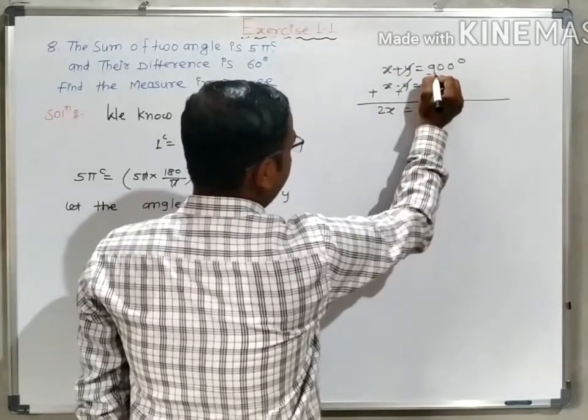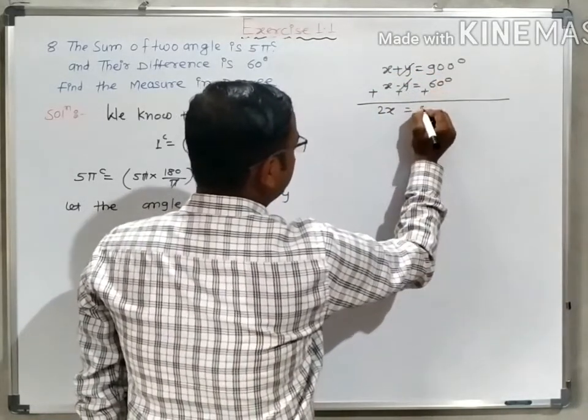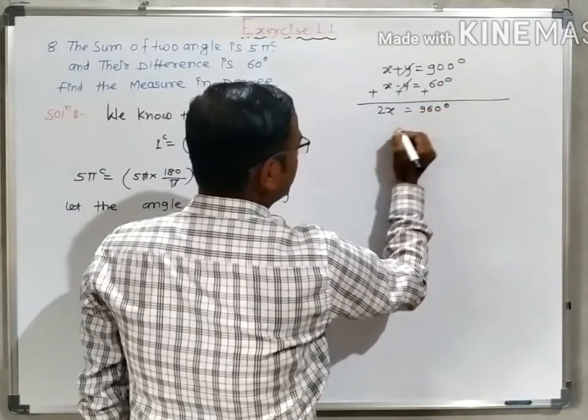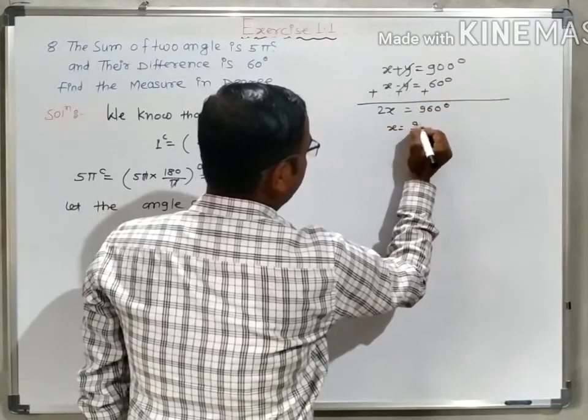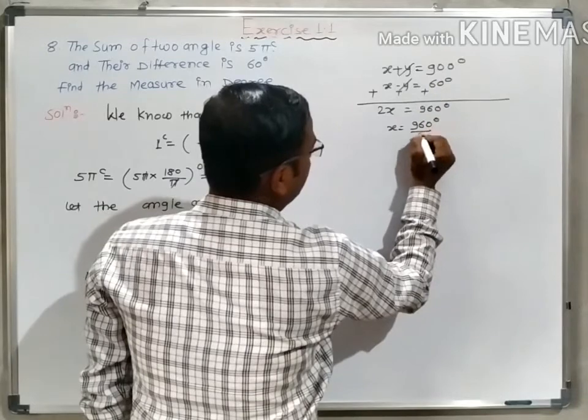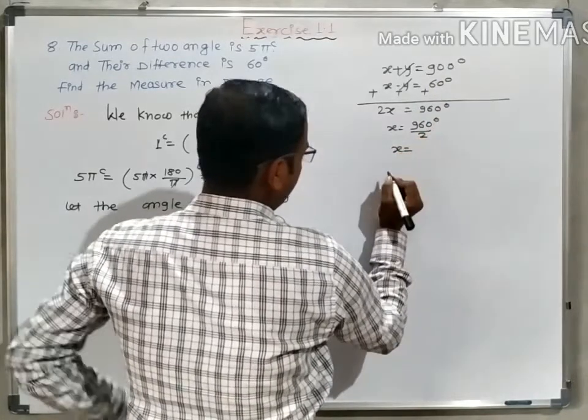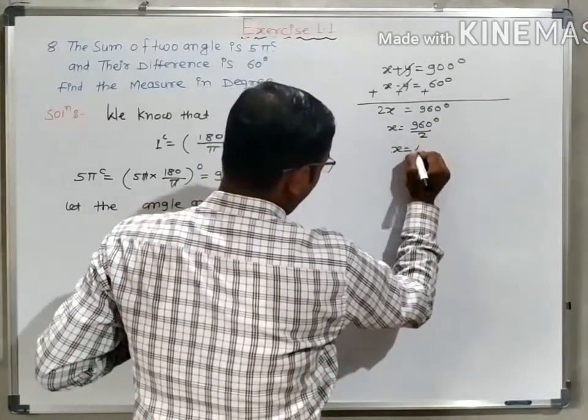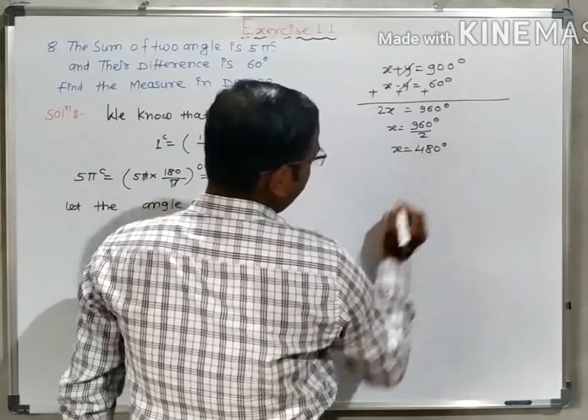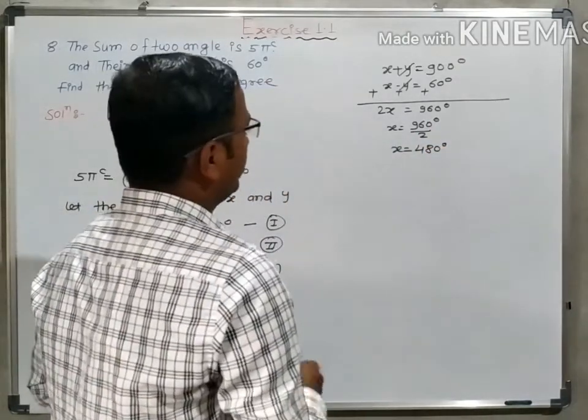So 900 degree plus 60 degrees is 960 degree. So x is equal to 960 degree upon 2, so x is equal to 480 degree.